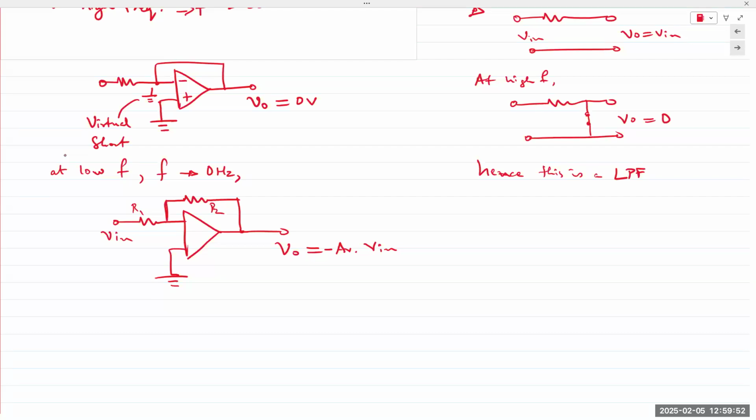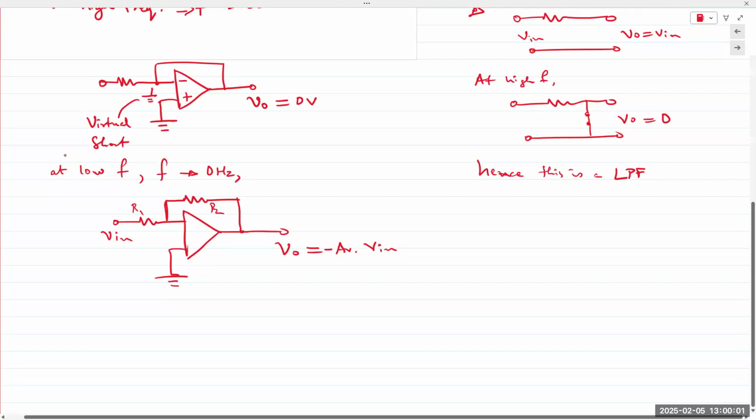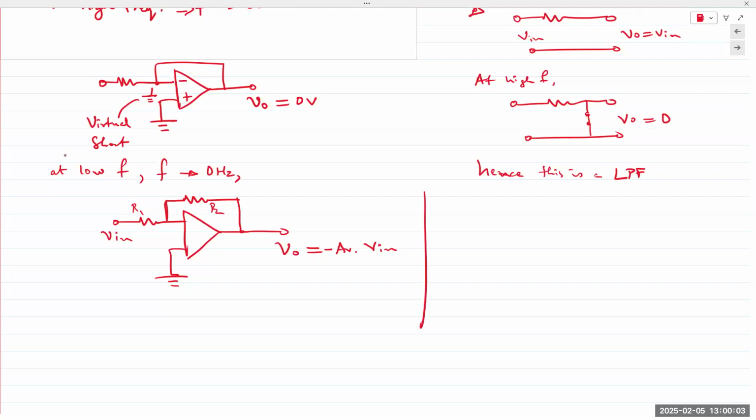And we're almost out of time. This is analyzing the circuit in the frequency domain. In the frequency domain, the circuit is a filter. In the time domain, this circuit behaves like an integrator.